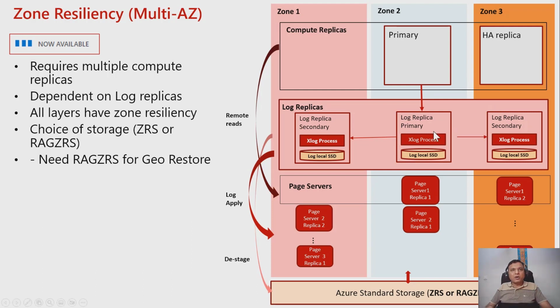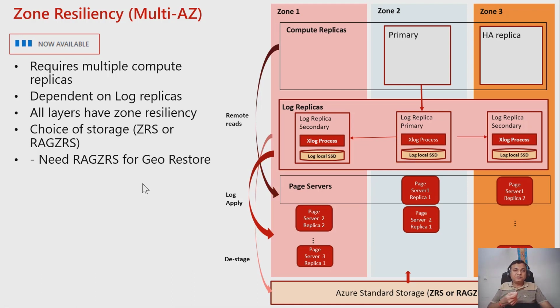Log replicas are already inbuilt with multiple copies, so there's no action needed from a customer perspective. And page server also has a set, which means there are two replicas for each page server, as Denzil explained in the architecture of hyperscale.